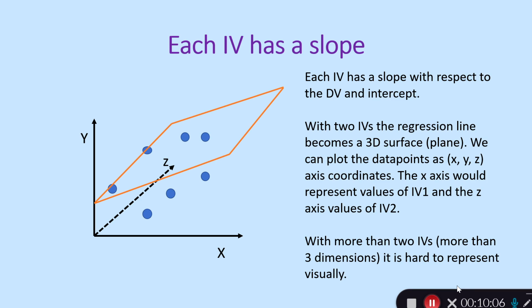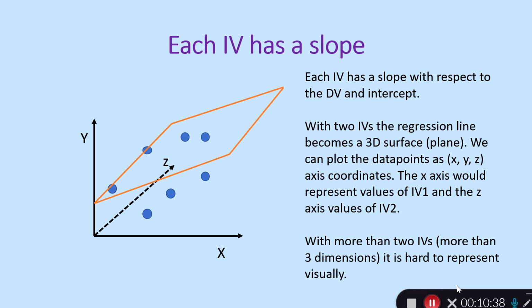And we can plot the data points as x, y, and z coordinates, in a similar way to what we did previously, where each data point is now in a 3D space. Each data point represents a score on the first independent variable, x1, mapped onto the x-axis, a score on the second independent variable, x2, mapped onto the z-axis, and a score on the DV, still on the vertical y-axis.